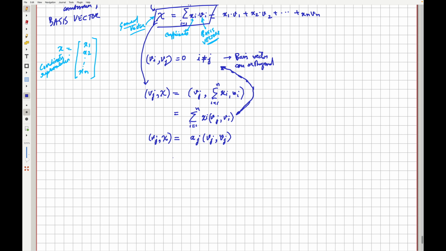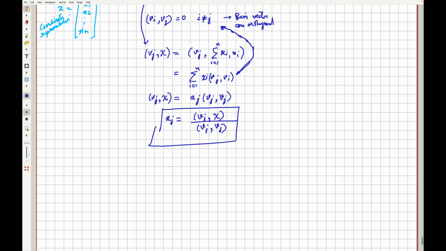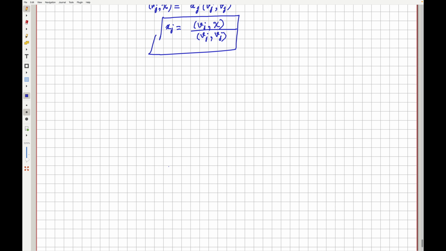And so x of j is equal to v of j dotted with the general vector x divided by v of j dotted with v of j. That is an important formula we have. We can use that in an example and see how it works.